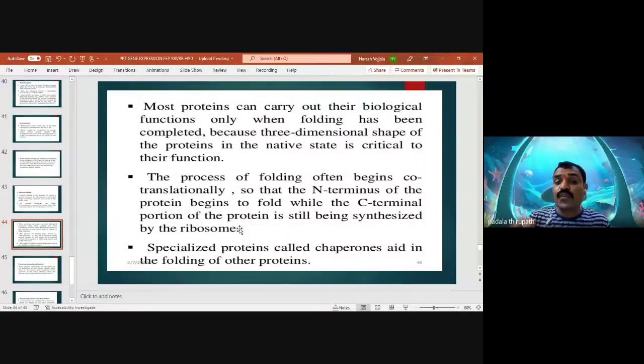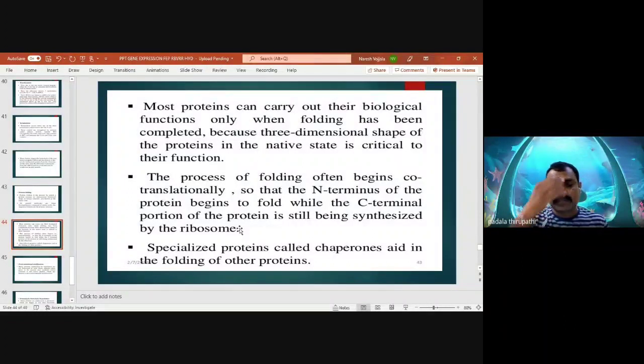The process of folding often begins co-translationally, so that the N-terminus of the protein begins to fold while the C-terminal portions are still being synthesized by the ribosome.